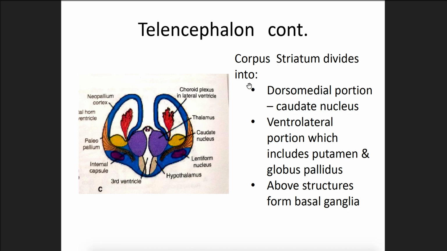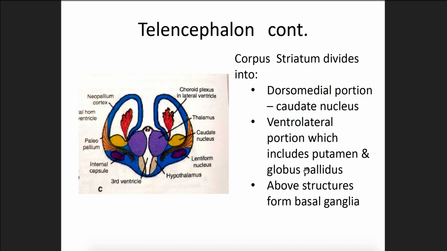So the corpus striatum divides the basal ganglia into a dorsomedial portion, which is called the caudate nucleus, and a ventrolateral portion, which is the lentiform nucleus, and it is divided into putamen.